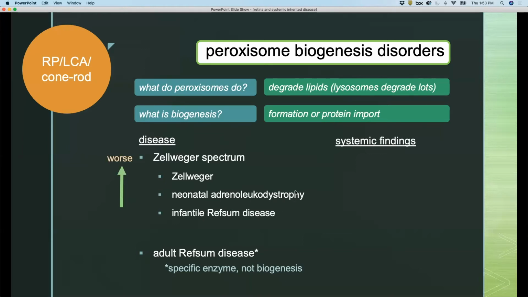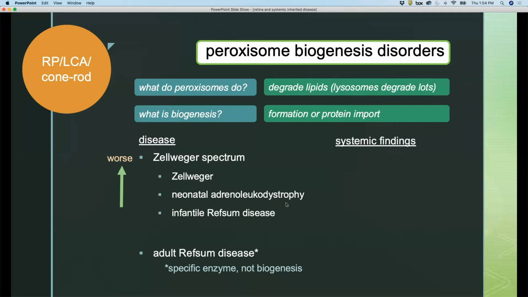Right. So they're characterized by really bad neurodegeneration. There's a couple, which is why you have this name, adrenal leukodystrophy. Leuko meaning the white matter of the brain is having a dystrophy, just like the retina is having RP and retinal dystrophy.